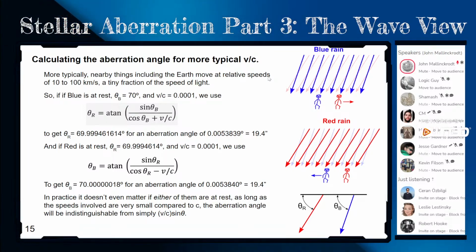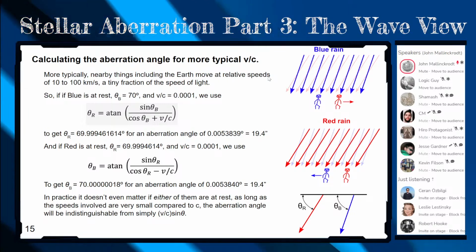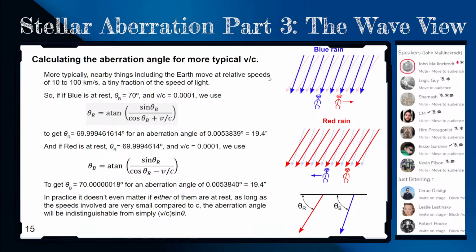And that nearby stars, they were starting to even understand that nearby stars moved at speeds like that. More typical speeds for things near Earth, including Earth itself, relative to other things around us, are 10 to 100 kilometers per second. Those are the kinds of speeds that stars move at relative to other stars, that planets move at around stars, etc.